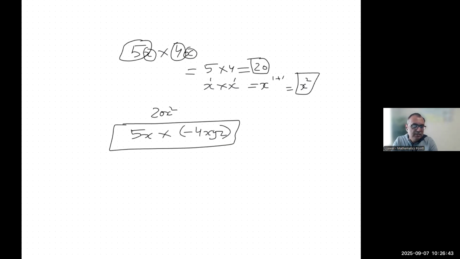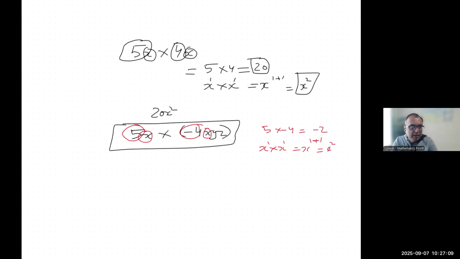So the answer is, first of all, you will pick up the numbers. You'll have 5 times negative 4 makes negative 20. Then you pick up all the x's that you've got. So x times x, which means x to the power 1 plus 1, because the power is 1, makes it x squared.